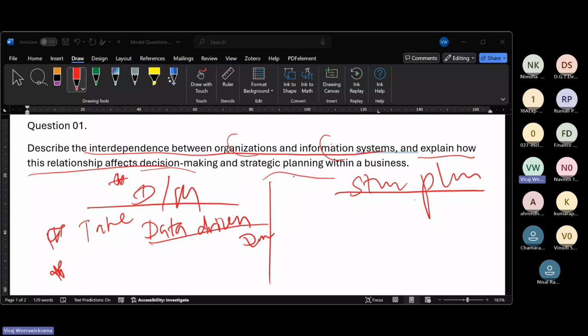Now, how can we improve the decision-making process when you have an information system?